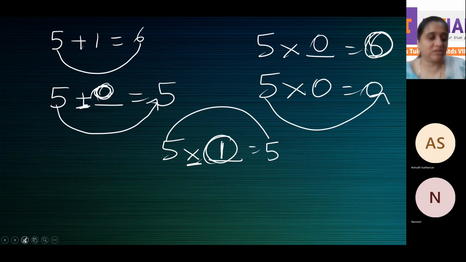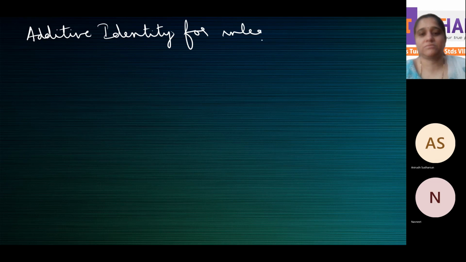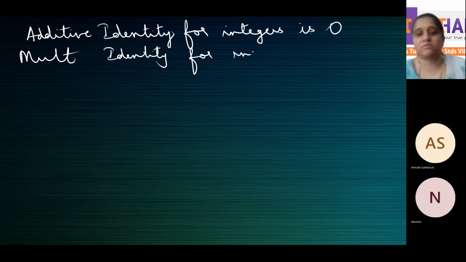So don't get confused with these two. The additive identity for integers is 0, and the multiplicative identity for integers is 1.